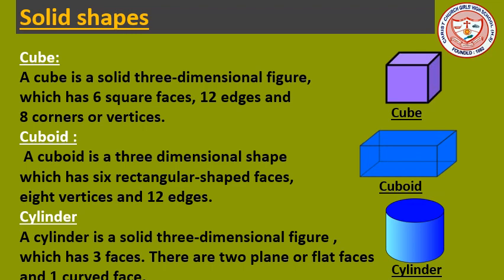Girls, please remember, whenever you are going to write something about the shape, you need to draw a clear diagram of that particular shape like this. And after drawing the diagram properly, you have to label it.